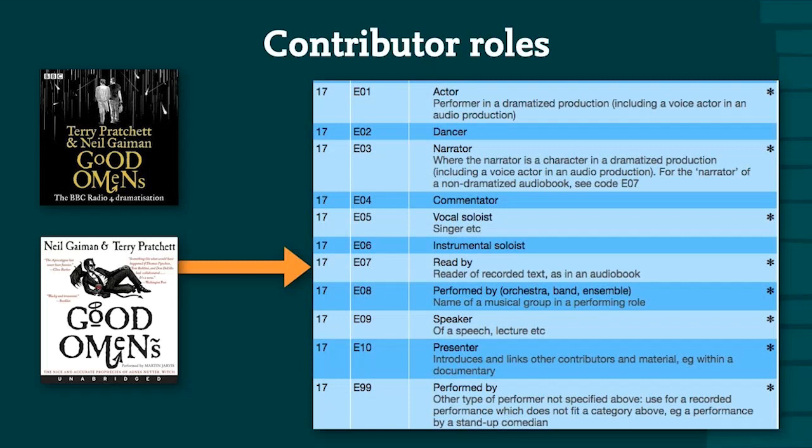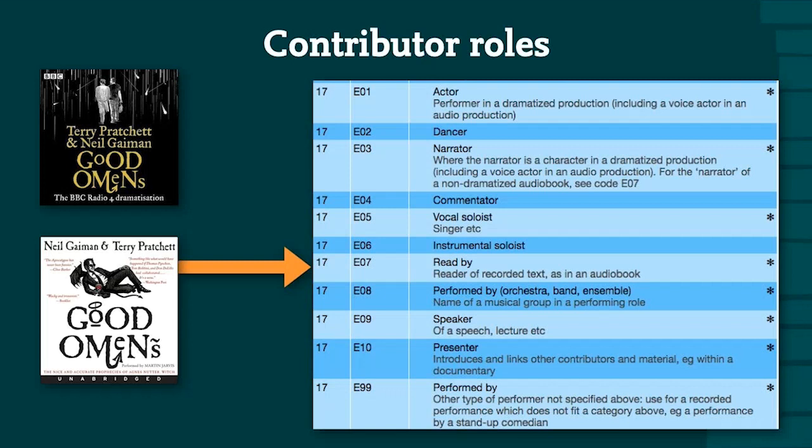As I said just now, it's this code that is sent in ONIX, okay? Not the words in column 3. So E07 means this contributor is the reader, the person who is reading this book out loud. It's important to understand and to read what each code means.